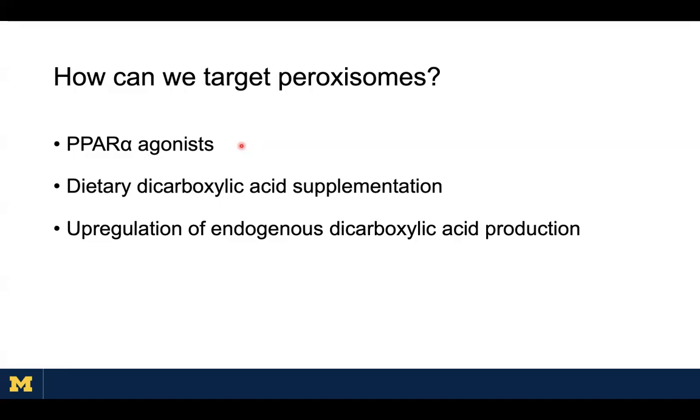If it ends up working really well for diabetic retinopathy, maybe we'll look more into it later. What we're more interested in right now is dietary supplementation of dicarboxylic acids, as well as the upregulation of endogenous dicarboxylic acid production, so that omega oxidation that happens in the ER that turns a regular fatty acid into a dicarboxylic acid without changing the chain length, and thus sends it to the peroxisome.